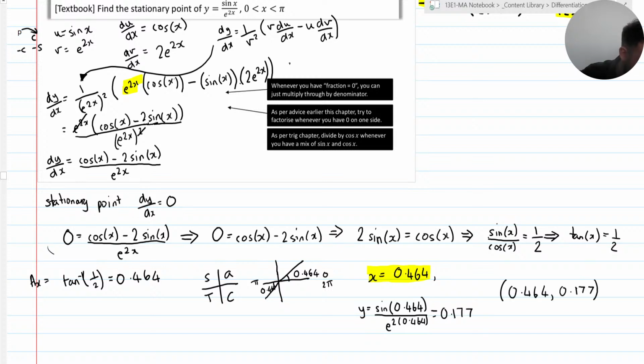So our coordinate, last little point, is going to be 0.464, comma, 0.177. Loads going on there.